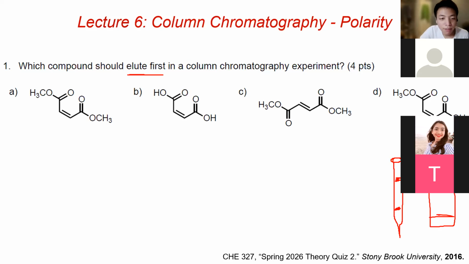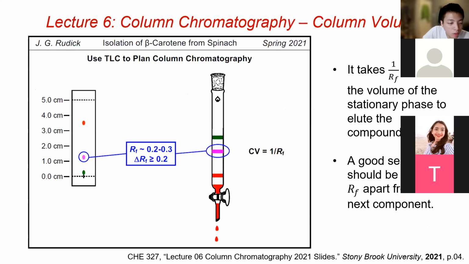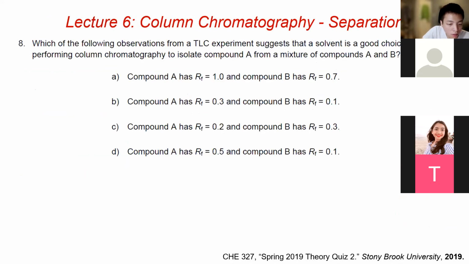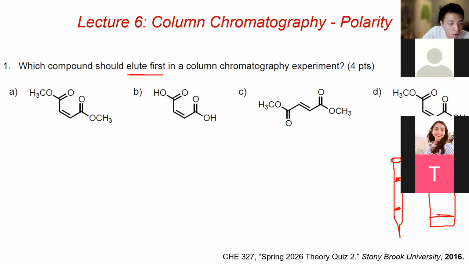Anyone got an answer to that? A. So for A, let's see, we have two ester groups. And here we have two acid, which I assume is the most polar. And this might change as we move on.